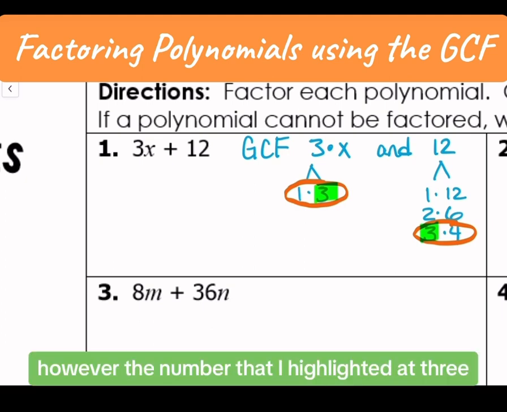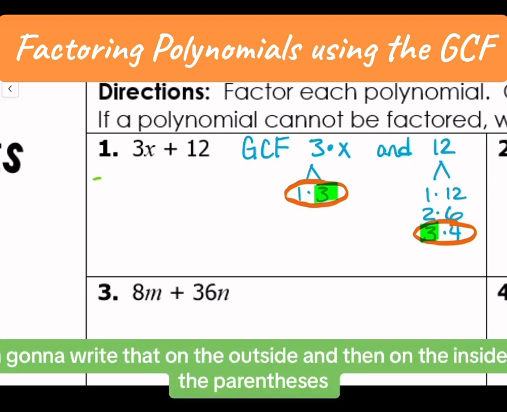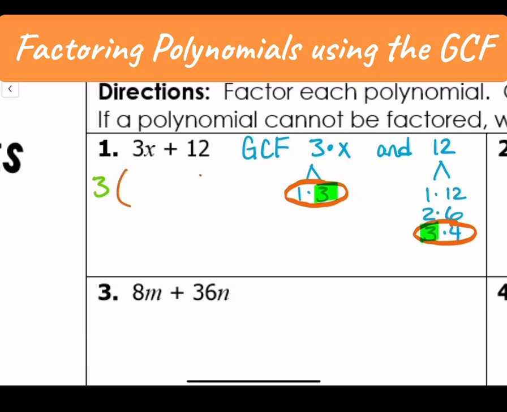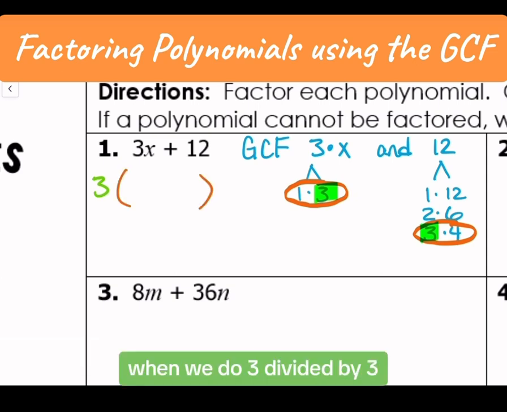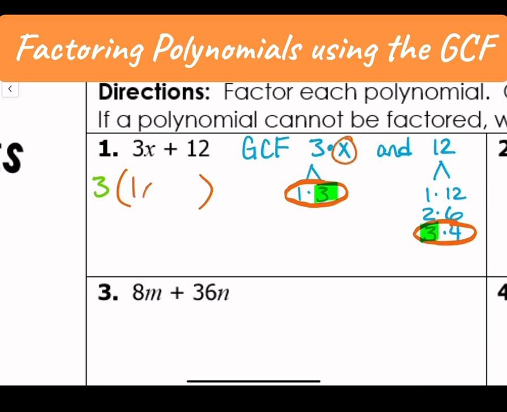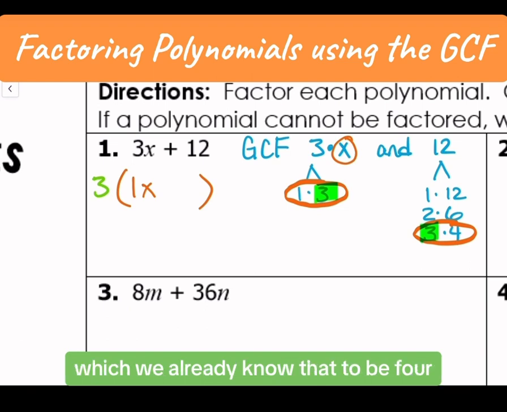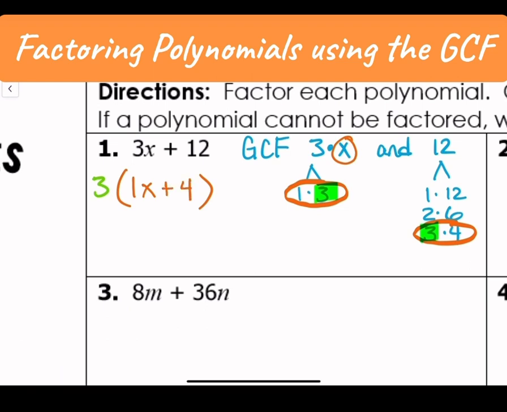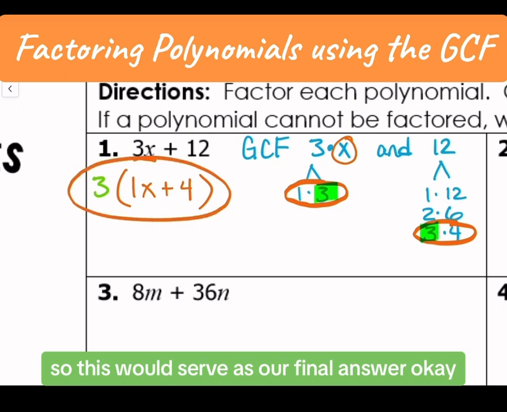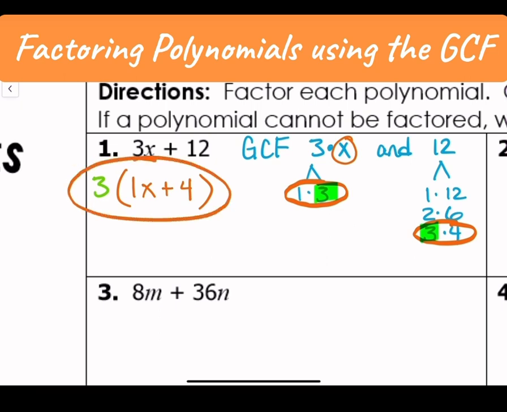However, the number that I highlighted, the 3, I'm going to write on the outside. And then on the inside of the parentheses, when we do 3 divided by 3, we end up with 1, and we still have the x there, so 1x. And then we do positive 12 divided by 3, which we already know to be 4. So this would serve as our final answer, okay?